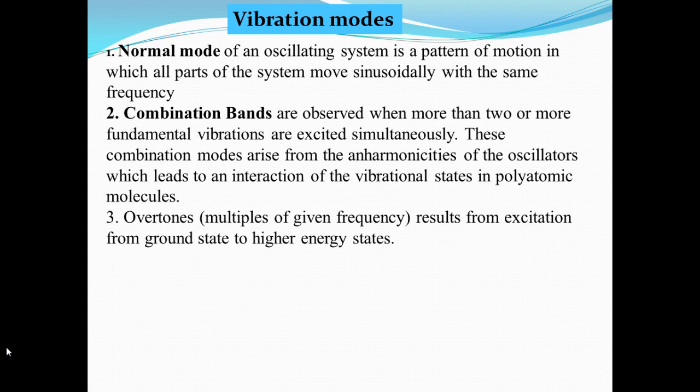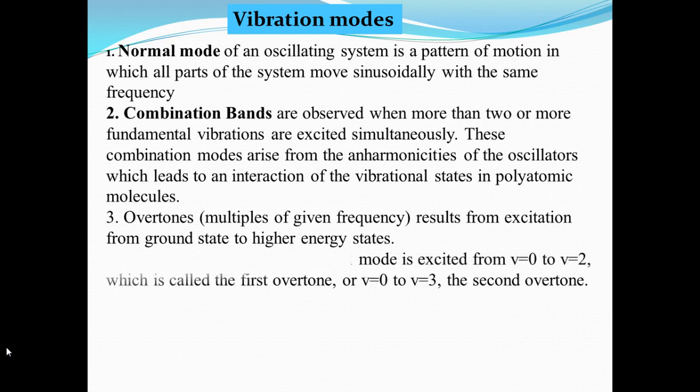These combination modes arise from the anharmonicities of the oscillators, which lead to an interaction of vibrational states in polyatomic molecules. Overtones, that is multiples of given frequencies, result from excitation of the ground state to higher energy states.